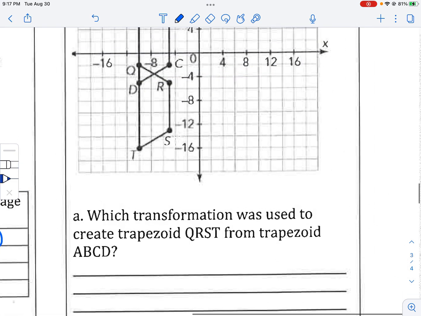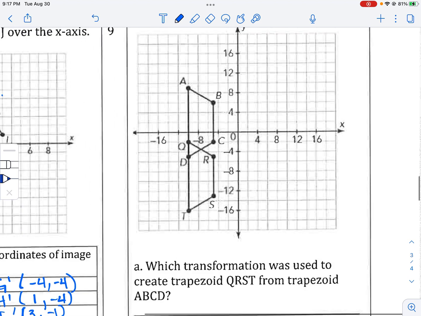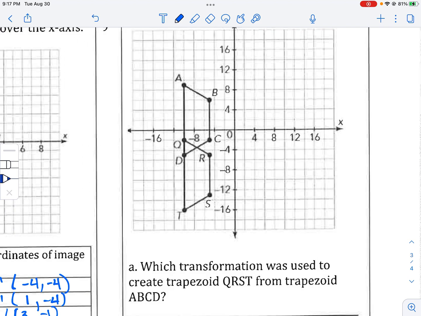Okay. This one. Which information is used to create the trapezoid? Well, if it was a reflection over the y or the x-axis, these 2 points would have been up here. So it's definitely not that.